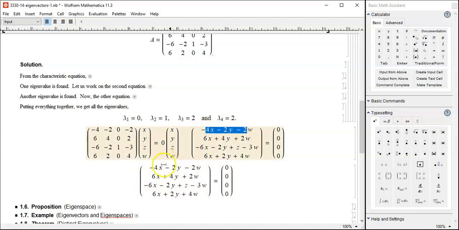We have all even here, so let's simplify. Divide by 2. 1, 1. Divide by 2. 3, 2, 1. And that 2. Divide by 2. Okay, we have a little bit better form.